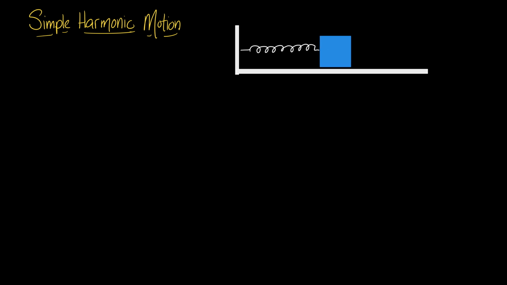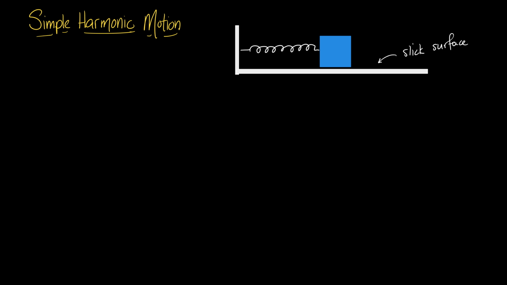I want to make this on a slick surface. Now, this by itself isn't a harmonic oscillator. It's not a harmonic oscillator until I give it some energy or get it moving. Then we'll see how it behaves, and that's how we determine whether it's a harmonic oscillator or not.